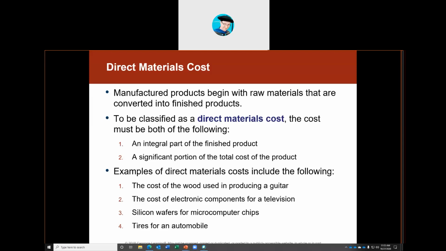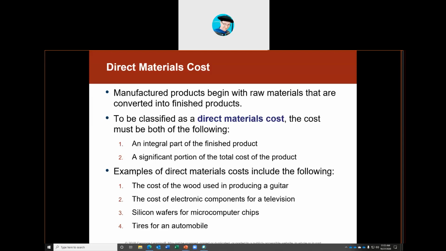So in our example of the guitar, most of that product is made by wood. So wood is an integral part of the guitar. String is also a key component of the guitar. So string is a part of the direct materials. The metal facets that connect the pieces together, clearly very important.